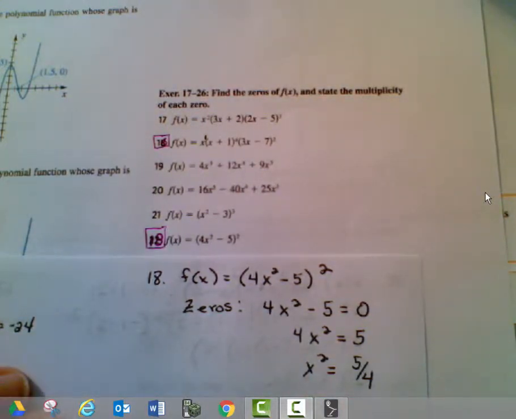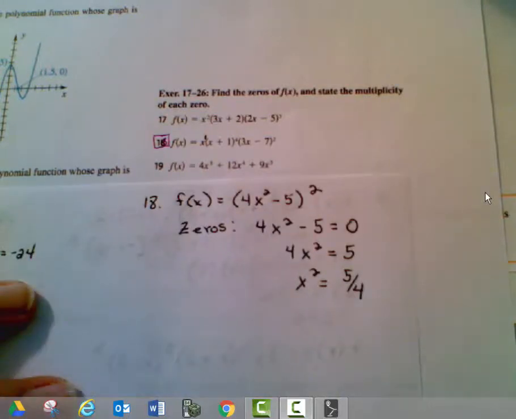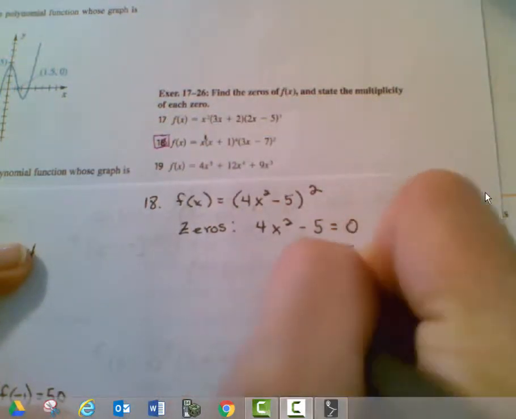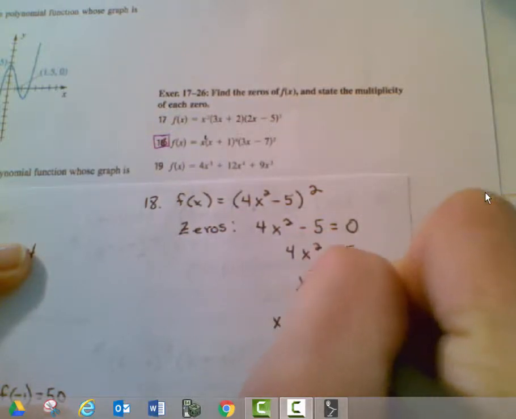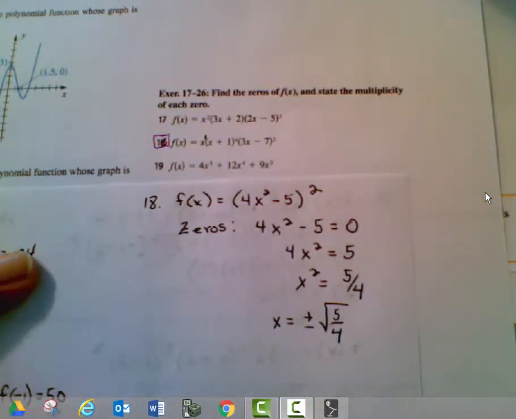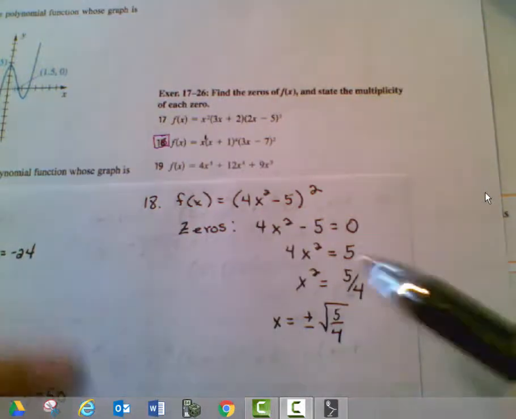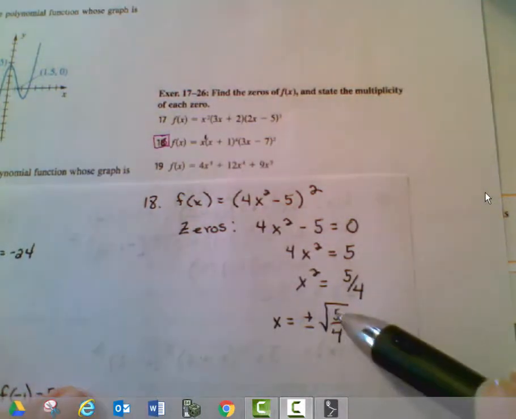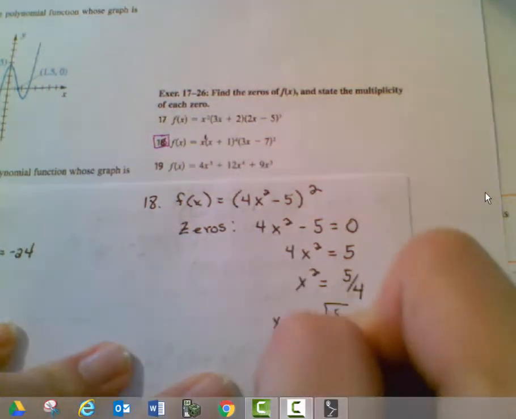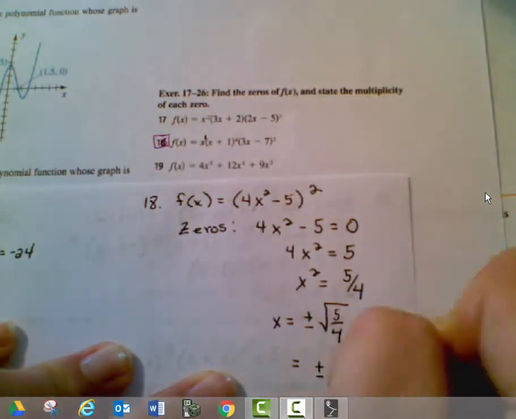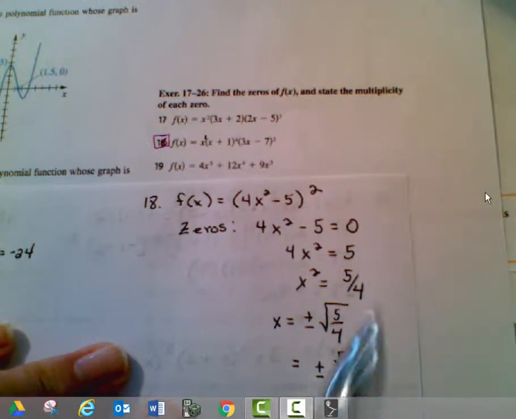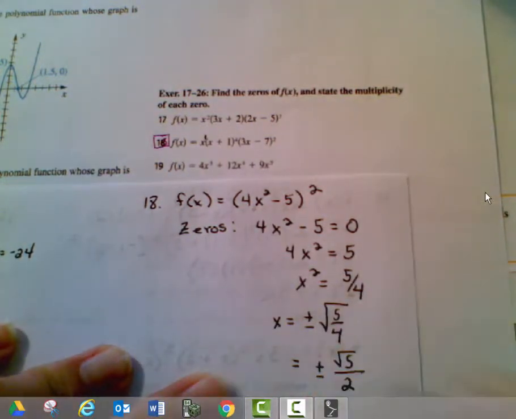When you take the square root of both sides, don't forget your plus or minus. And then if you divided that radical up into the numerator and denominator, there's not much you can do with square root of 5, but you can say square root of 4 is just 2.